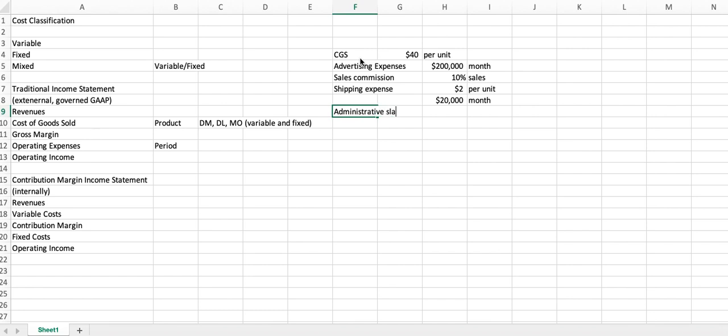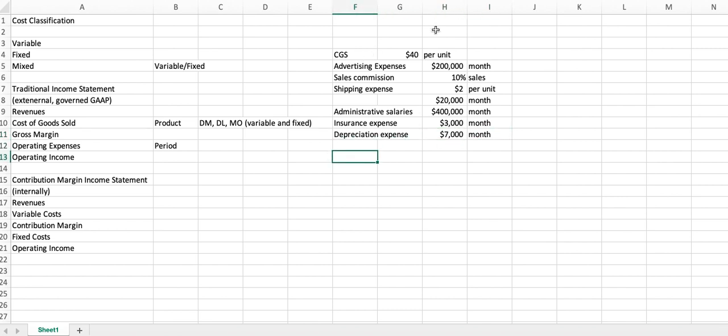And then you have administrative salaries, usually that's going to be a fixed cost. So we'll say $400,000 a month. And then we have insurance expense. We'll say that is $3,000 a month. And then we'll throw depreciation in there. We don't want to ever forget about depreciation. Let's say depreciation is $7,000 a month.